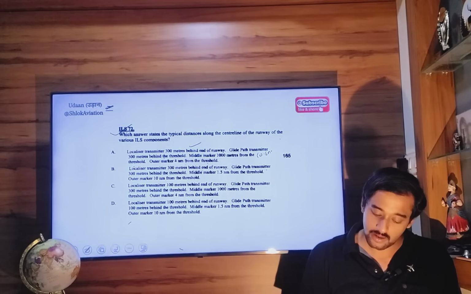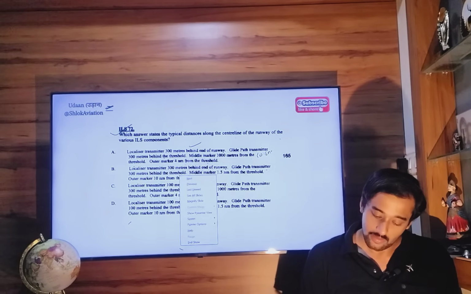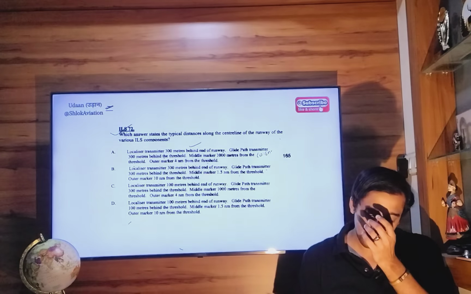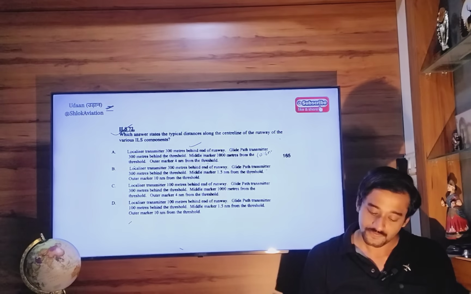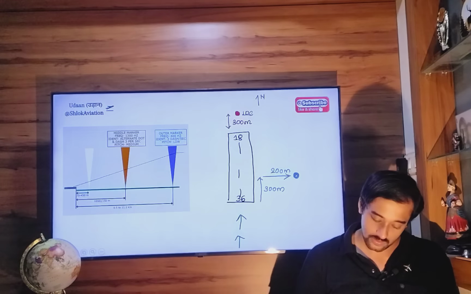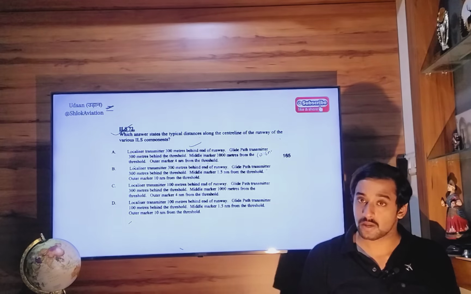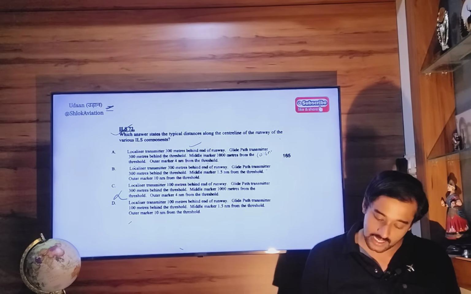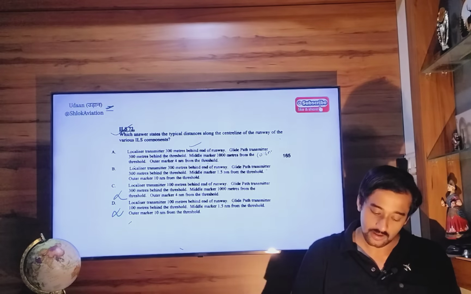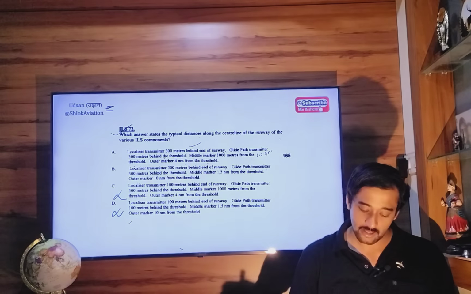Glide path 300 meters behind the threshold. Middle marker 1.5 nautical miles from the threshold. Outer marker 10 nautical miles from the threshold. Localizer 100 meters behind the runway, no. So we are left with options Alpha and Bravo.